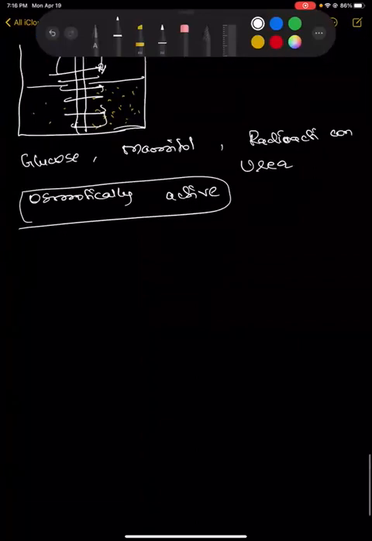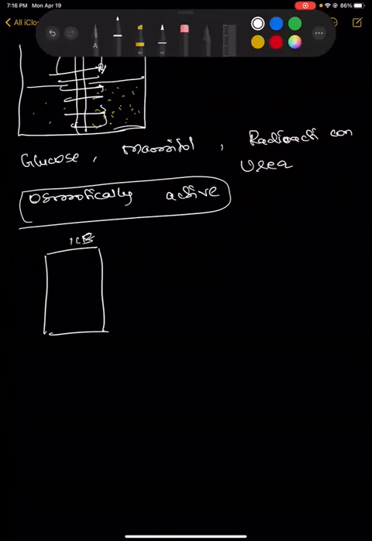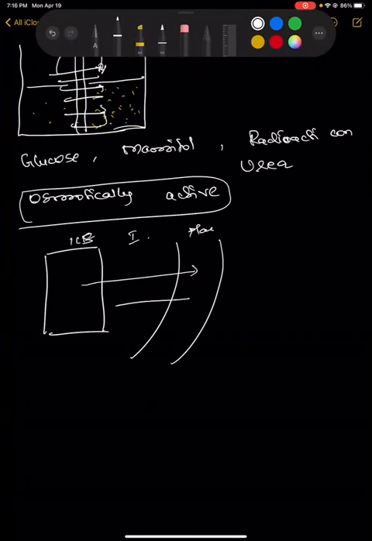So now what happens is when urea is present in the plasma in a higher concentration, urea has the property to move freely throughout all the compartments, whether it be the intracellular space or the extracellular space, including the interstitium or the plasma.